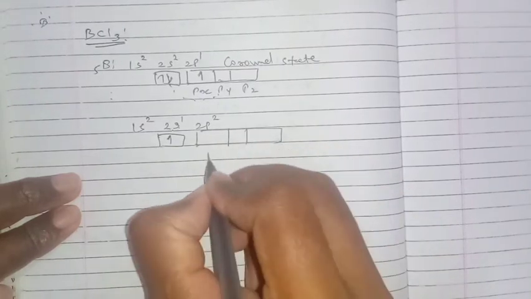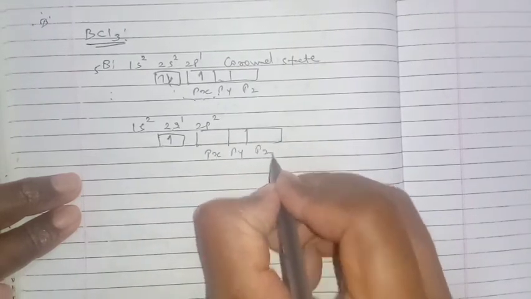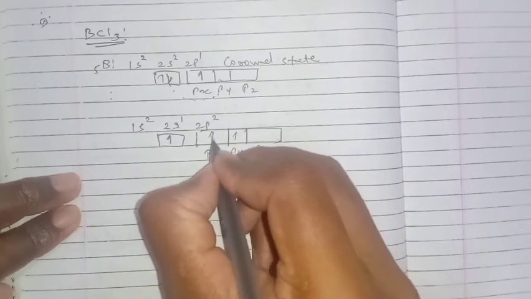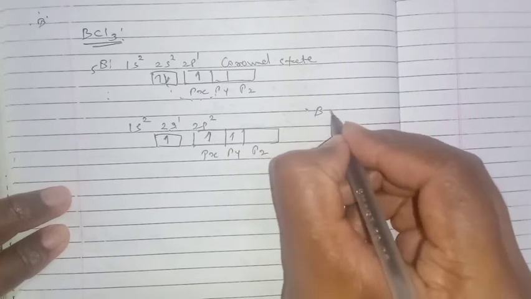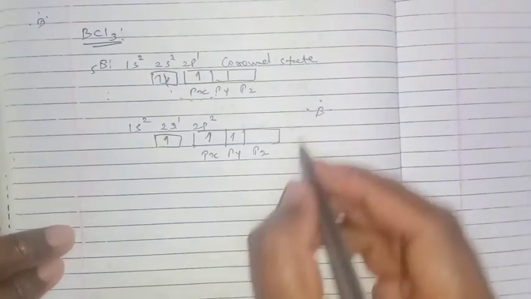Now in 2s there is only 1 electron, and in px, py and pz there is 1 and 2. That means here boron has 3 unpaired electrons.